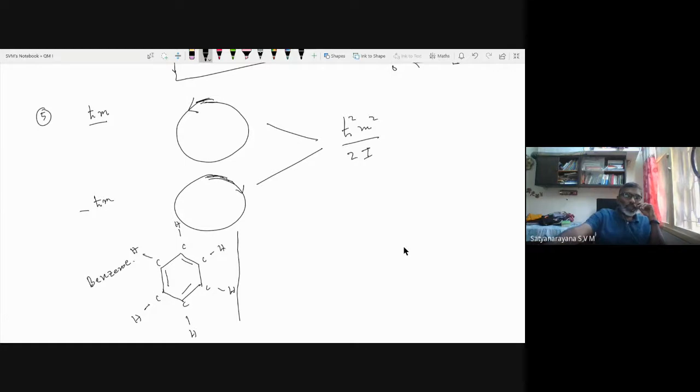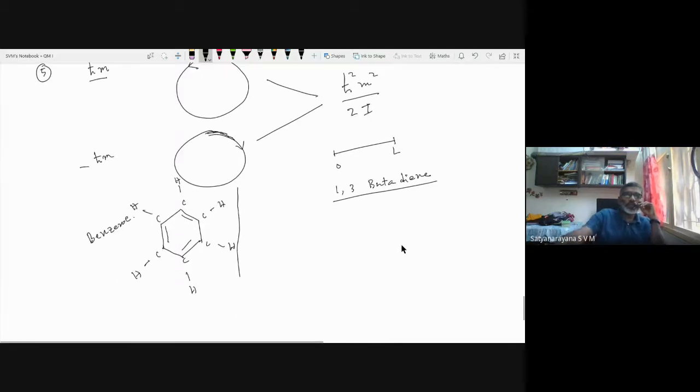Okay, and at this point of time, I also wanted to mention, I don't know if I mentioned this earlier, the particle in a 1D box of length L also has a molecule, called 1,3-butadiene. I do not know if you people remember some organic chemistry from your BSc. So buta means there will be 4 carbon atoms. This is a linear molecule.